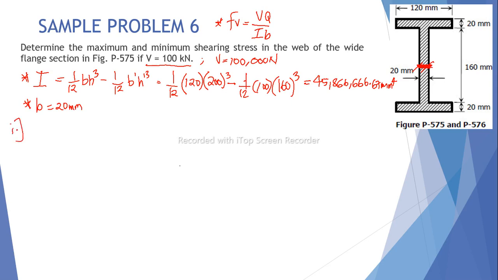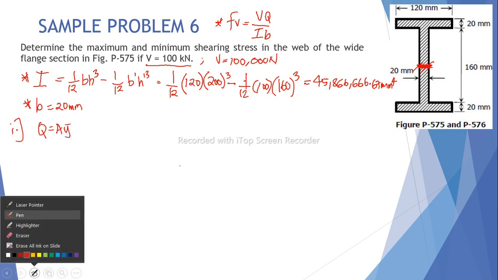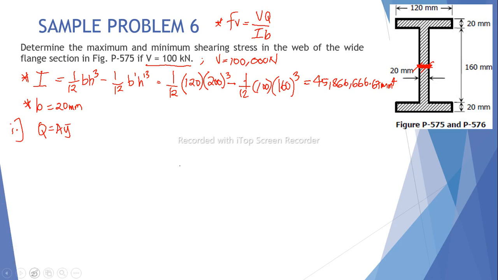Okay, so let's start to get our maximum. Our Q max, if you remember, is A times Y bar. The area is the whole section above the neutral axis. Using the T section, we have two rectangles, the web and the flange.